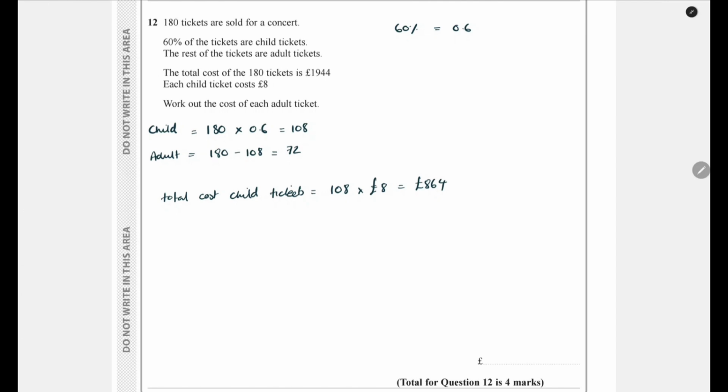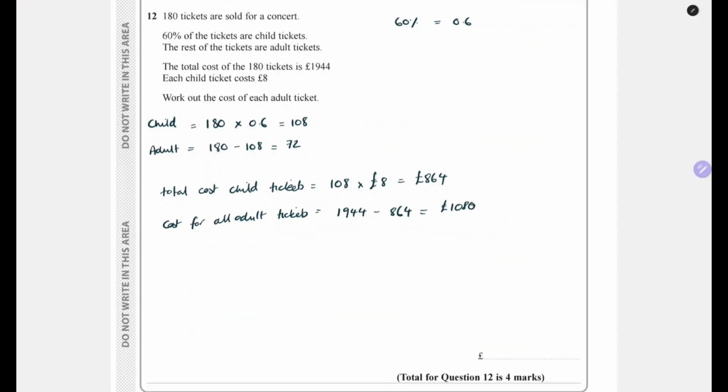The question tells us that the total for the 180 tickets is 1,944. So the cost for all adult tickets is going to be the total amount, which is 1,944, minus the cost for the child tickets, which is 864, and that is equal to £1,080.